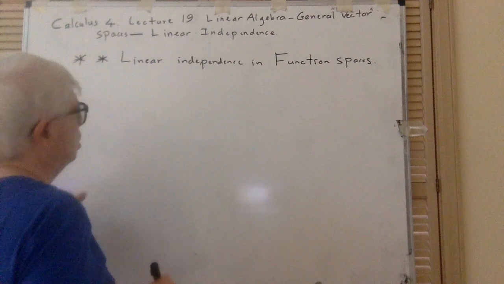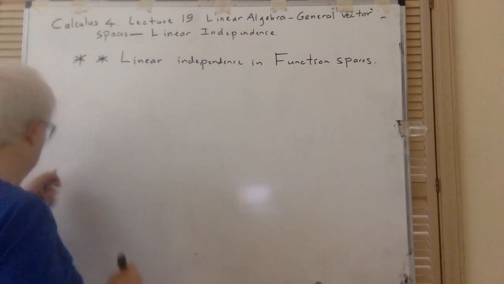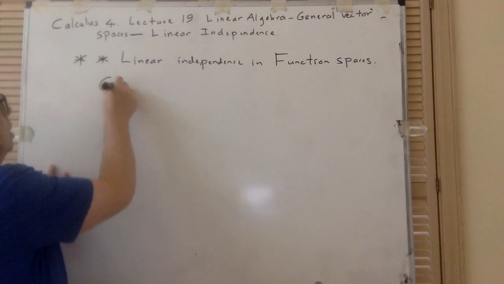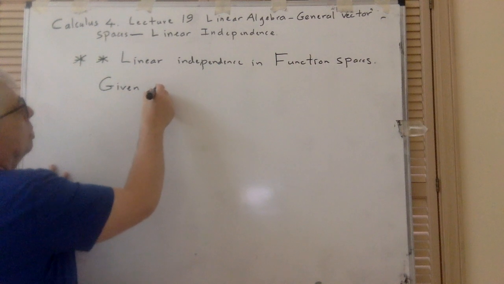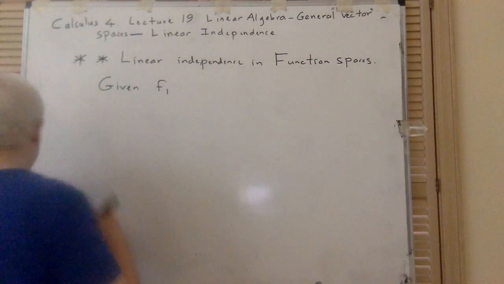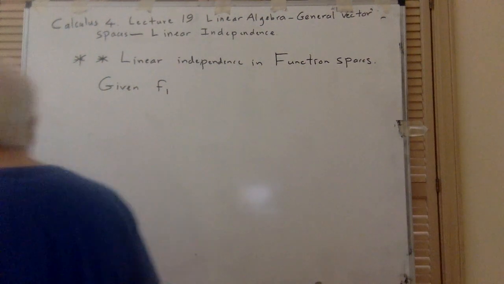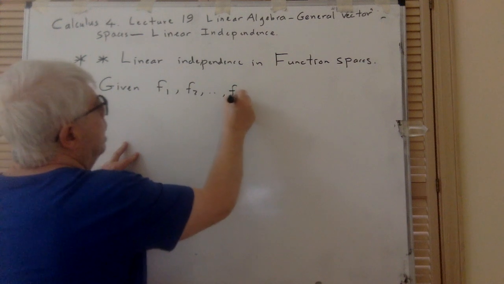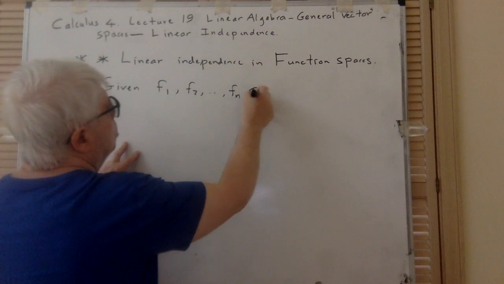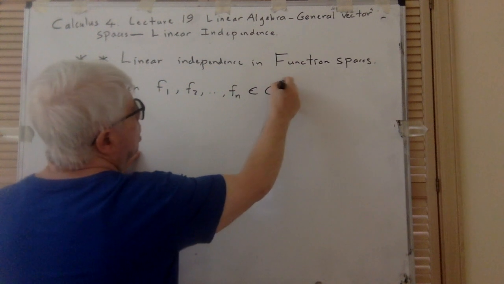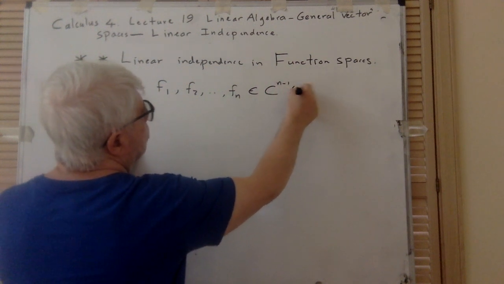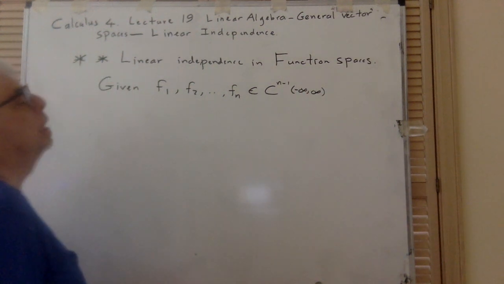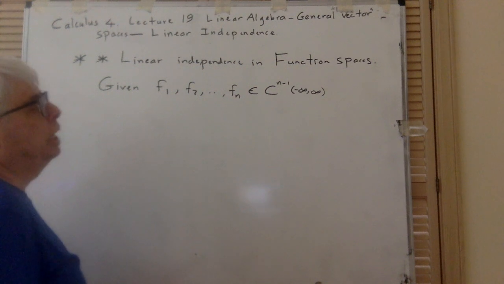So, linear independence in function spaces, and that is, say, if I have n given functions, f1 and f2 up to fn, and they belong to C^(n-1) of minus infinity to infinity, which means they can be differentiated n minus 1 times.